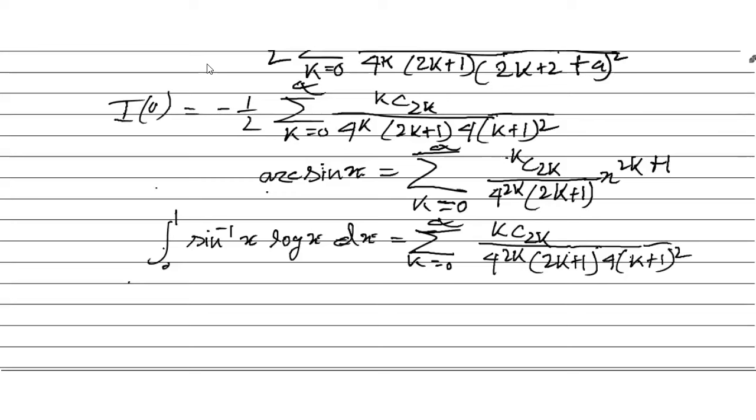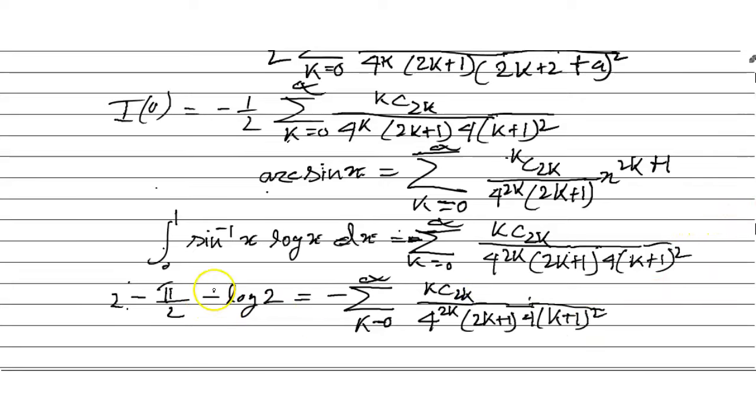So friends, this value is equals to C. This value is equals to minus value. Okay, this is the minus. And this value equals to pi by 2 minus pi by 2 minus log 2 equals to minus summation k equals to 0 to infinity kc2k.